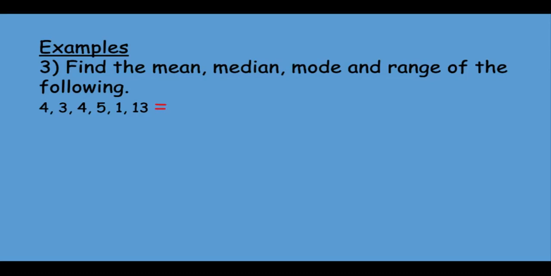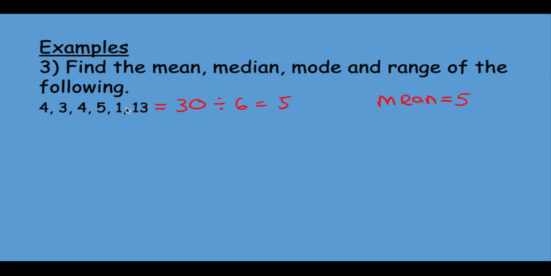So we've got a total of 30 there. We've got 1, 2, 3, 4, 5, 6. So I'm going to divide by 6. So that is 5. So my mean is 5.